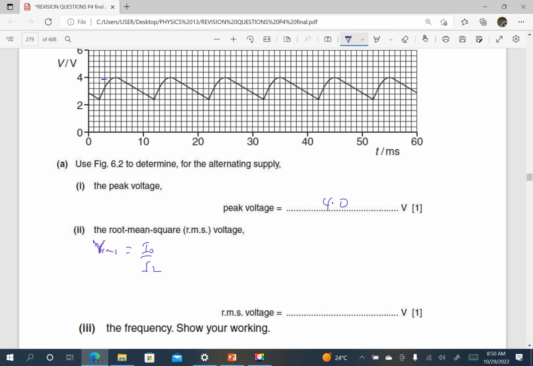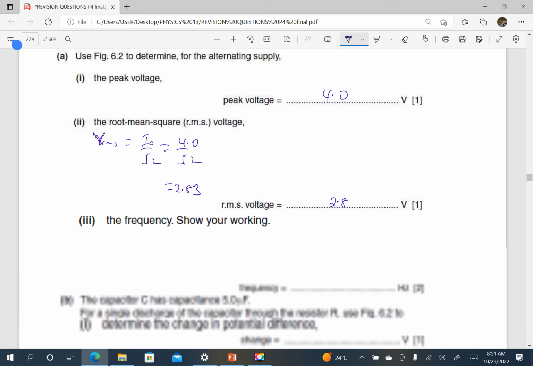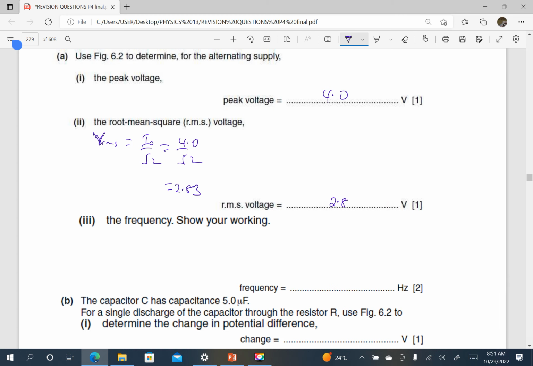So the root mean square value is 4.0 divided by root 2, which is 2.8283, or 2.8 volts.